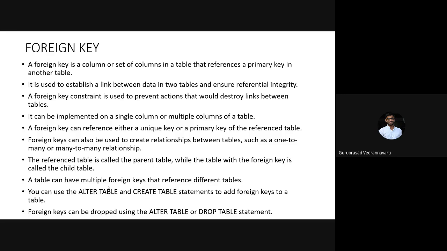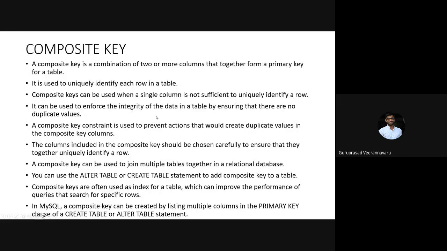I think this is pretty much it here. Let us go to the next one, that is composite key. Okay. So what is a composite key? Let us say we have some places where we don't want just one key as primary key or unique key, right?